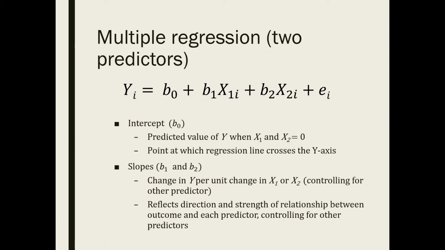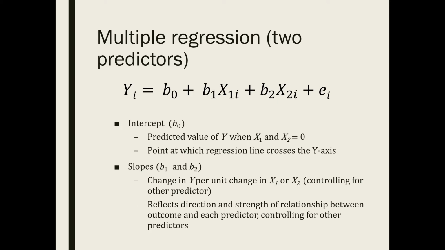So instead of just being where that regression line crosses the y-axis when x equals 0, now we have to keep in mind that we have two different x's, x1 and x2. So now this b0 is the predicted value of y when both x1 and x2 are equal to 0.